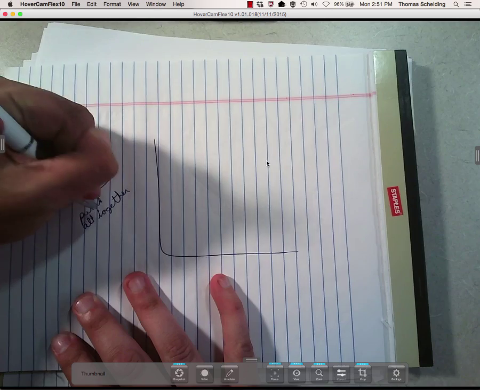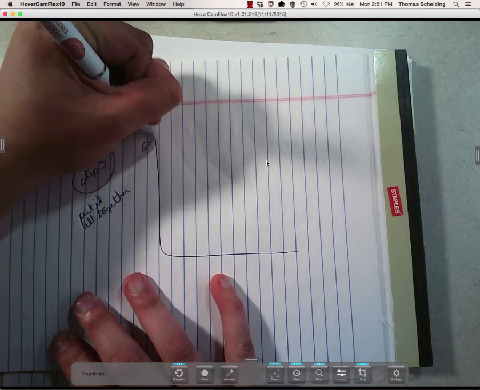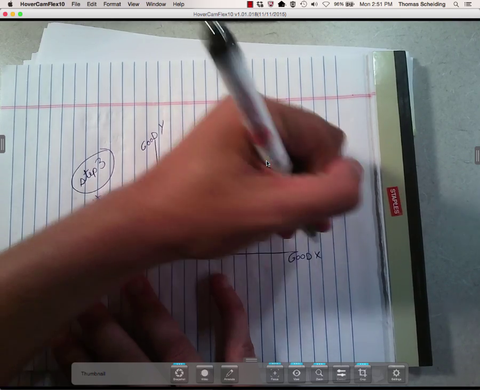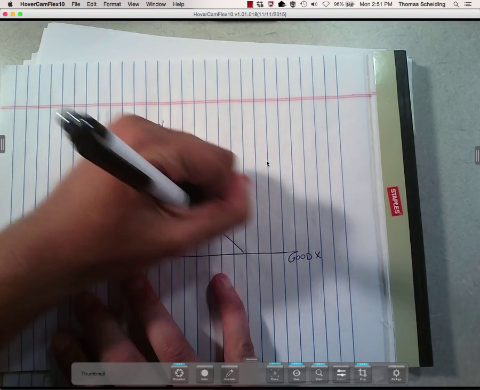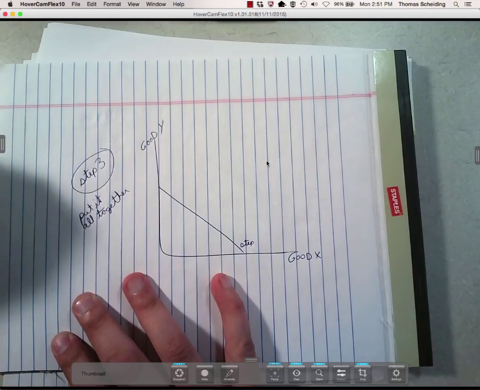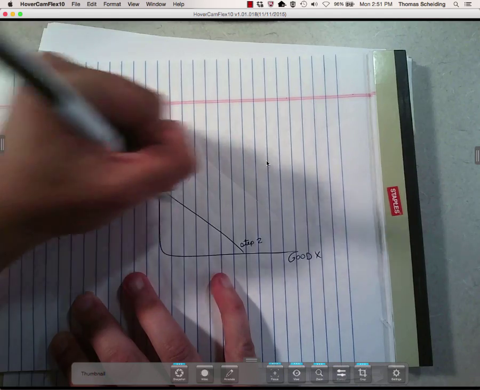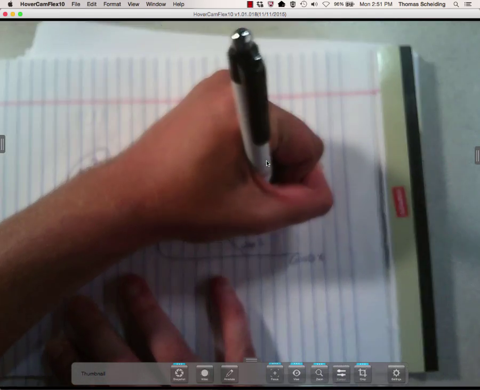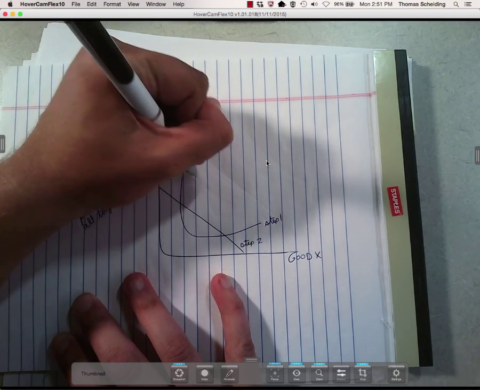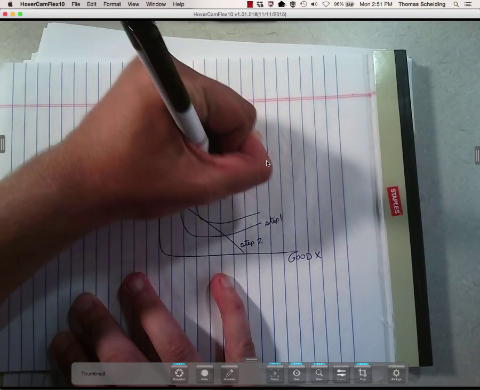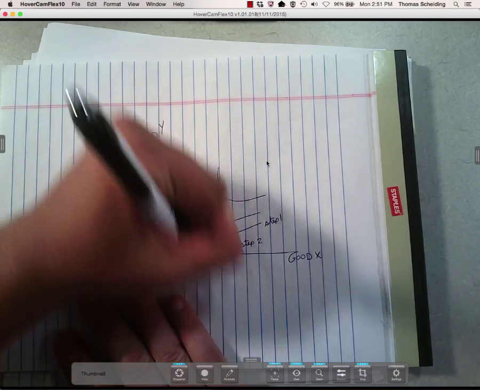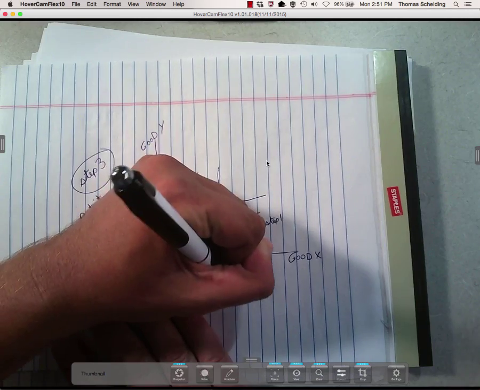And essentially what we do is we take our good Y, good X space, and we put on it our, in this case here, our step 2, and here my step 1. To get step 3.